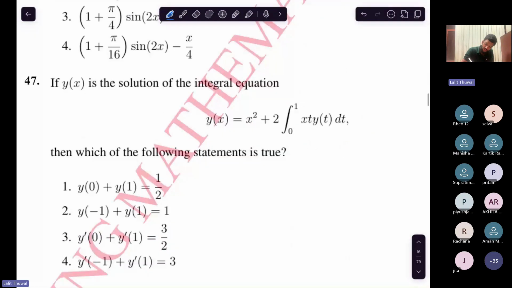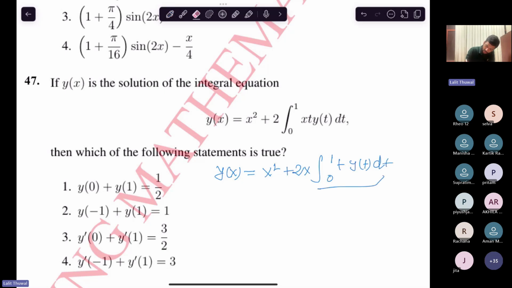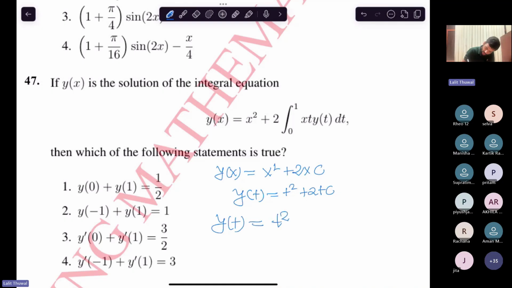So how do you solve this? This can be solved something like this: y(x) equal to x squared plus x times the integral, where y(t) is a continuous function, and this will be a constant because this is a definite integral. Now y(t) comes out to be t squared plus 2tc. Put it back in the equation.